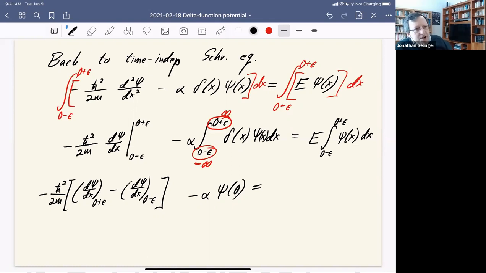We don't know what the integral of psi is, but whatever it is, the integral gets smaller and smaller as epsilon gets smaller and smaller.